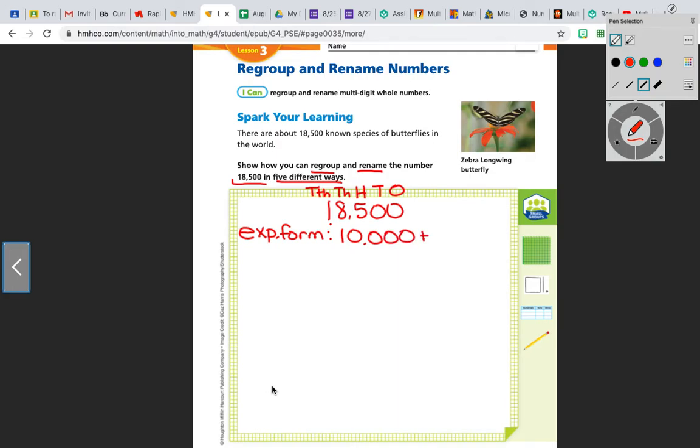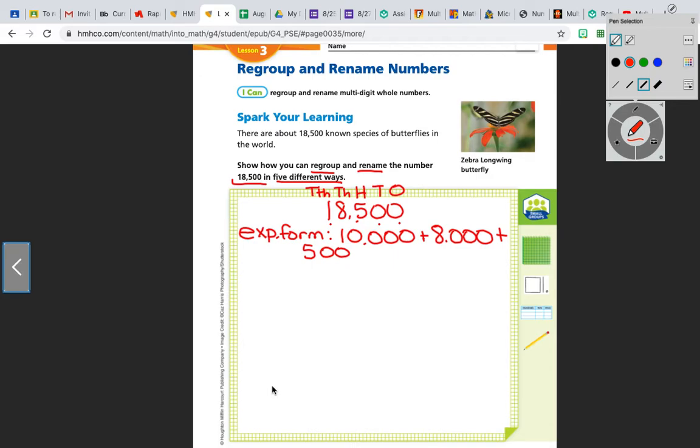It is in the thousands place, so I have 8,000. Then we're looking at the 5 in the hundreds place, so I write a plus sign. So expanded means we're adding them all together. And then we have a 0 in the tens and a 0 in the ones. So I do not have to write those values. So expanded form of 18,500 will be 10,000 plus 8,000 plus 500.